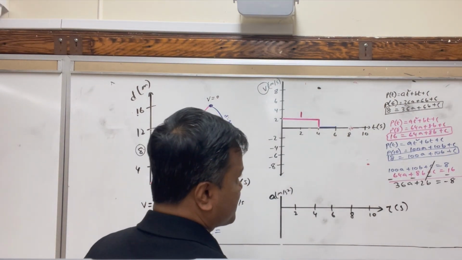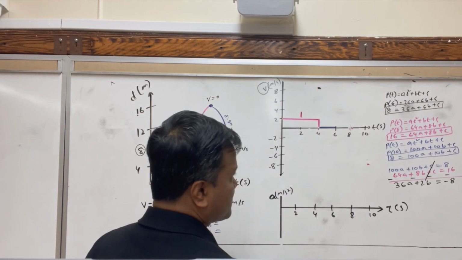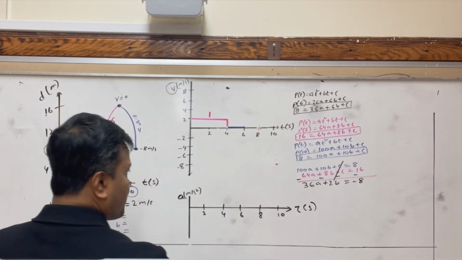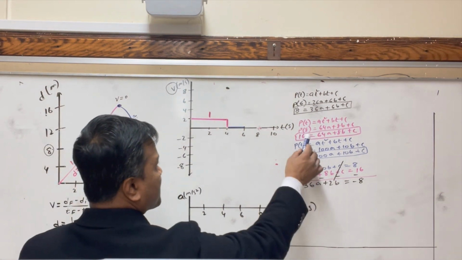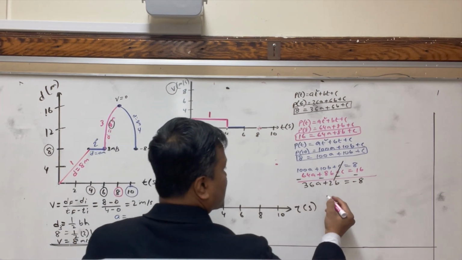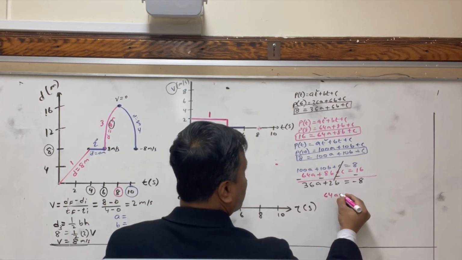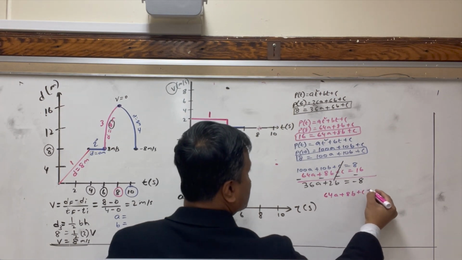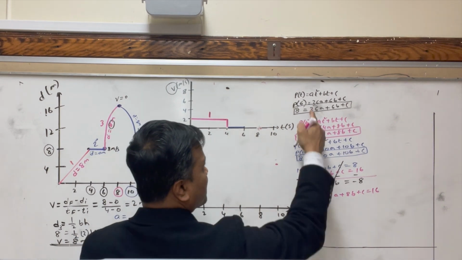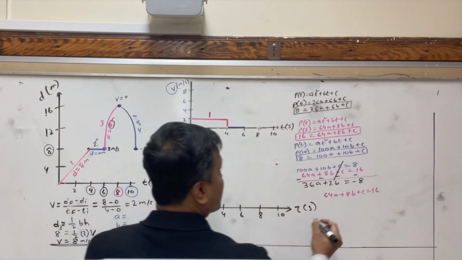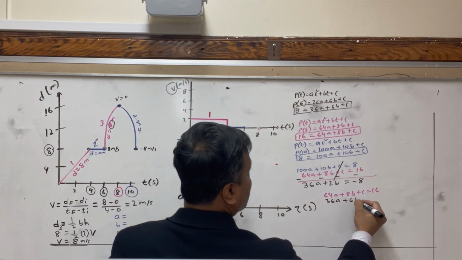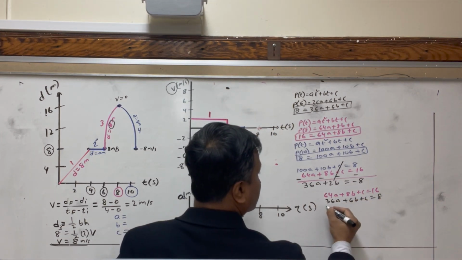All right. Okay, good. Now we're going to do this one: 64a plus 8b plus c is equal to 16. Now we're going to do this one: 36a plus 6b plus c is equal to 8.